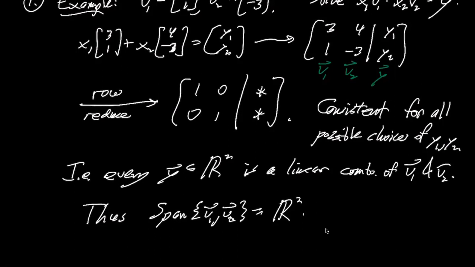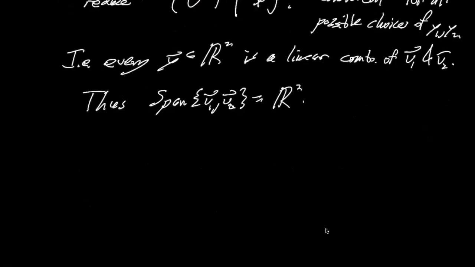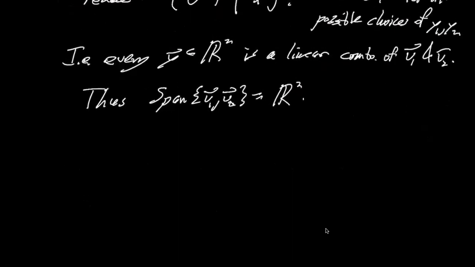And what's the key point here? Geometrically, this will work as long as V1 and V2 don't point in the same direction, because that's how we get that grid that we saw in the last picture.